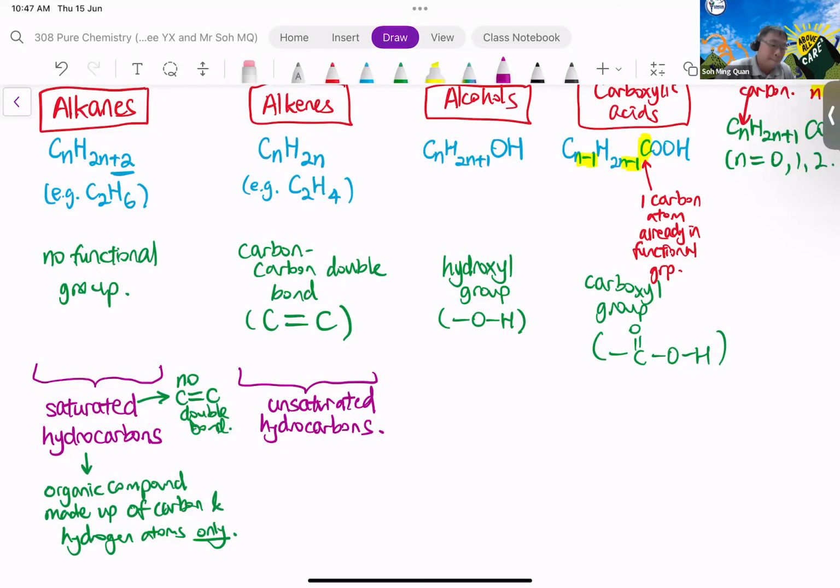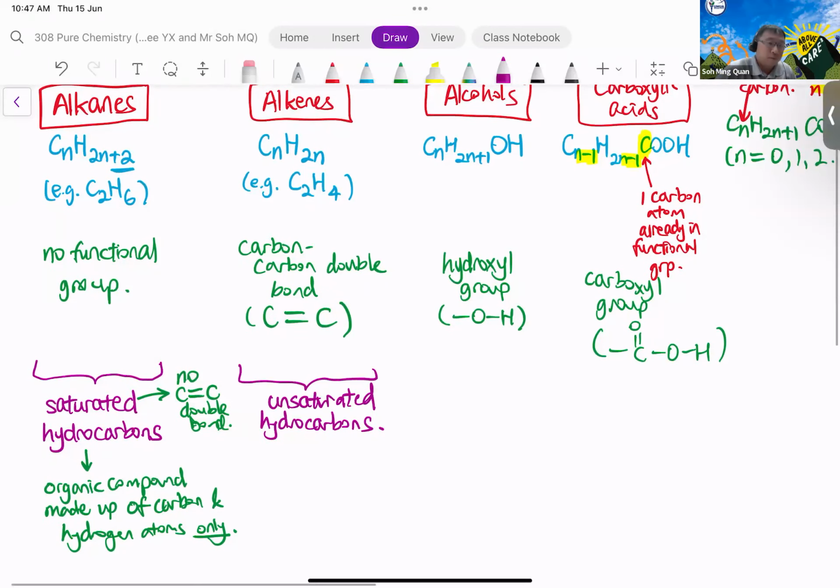Alcohols and carboxylic acids are not hydrocarbons in the first place because alcohols and carboxylic acids have oxygen atoms inside them. So alcohols and carboxylic acids will not be considered hydrocarbons. Okay? So you can write down these are not hydrocarbons.